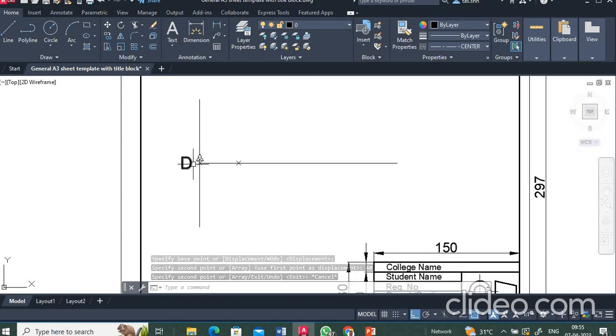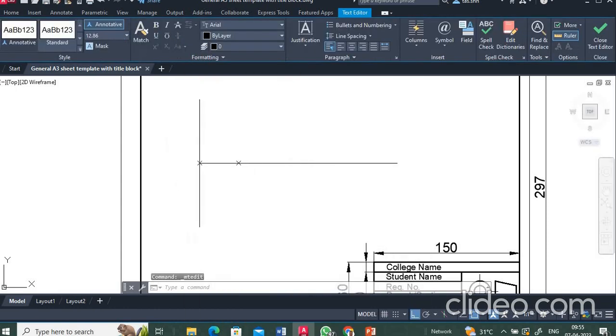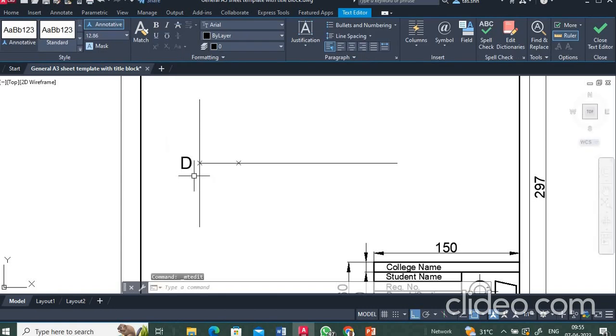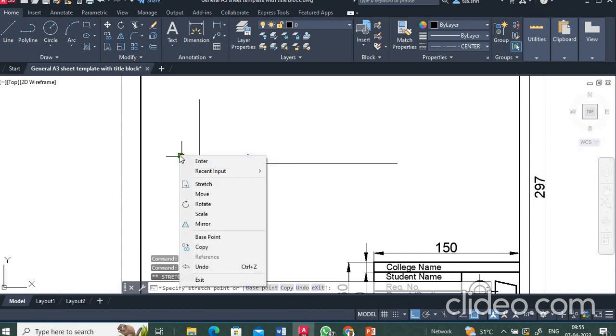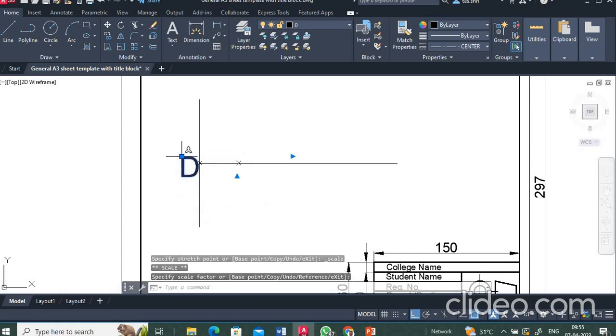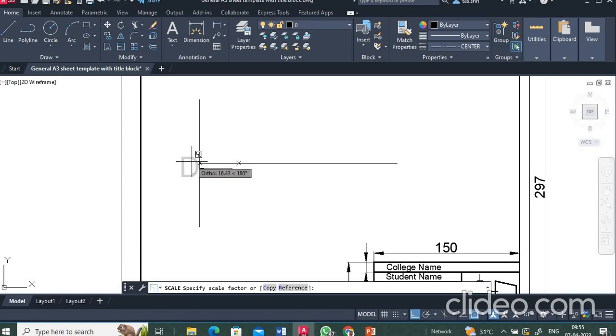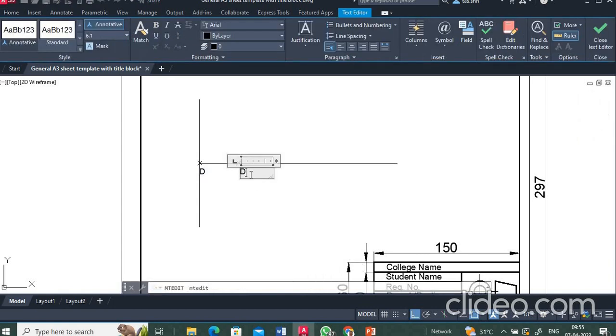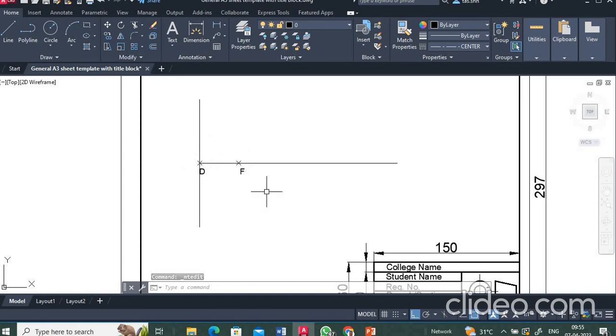Right, so this point is nothing but F. I am copying that existing D and changing it to F here.